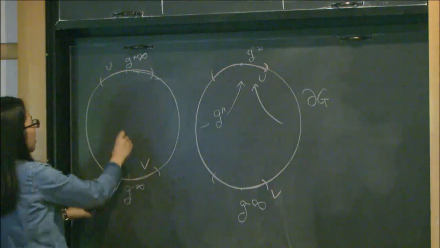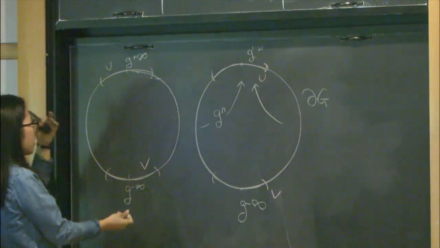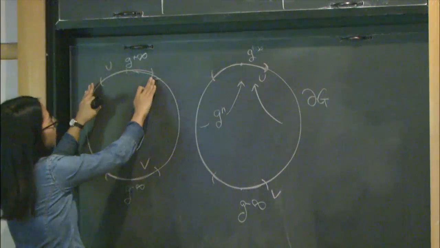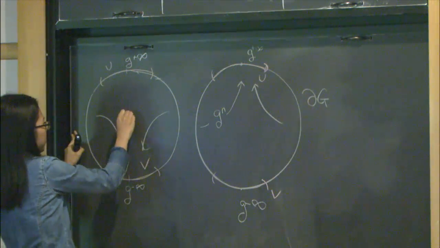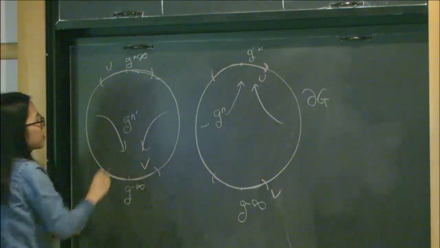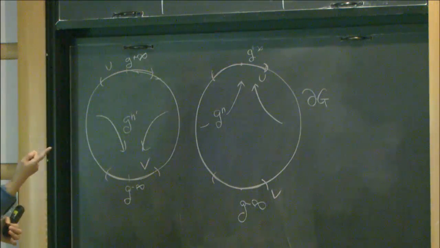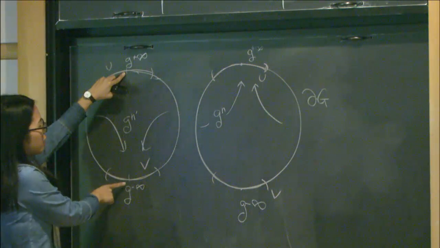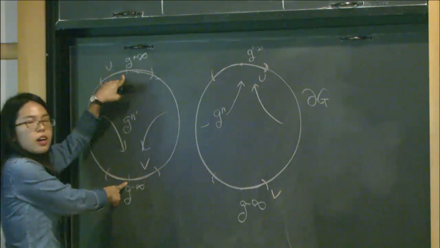Then for the inverse, I also say there exists n prime such that if g to the minus n prime acts on the complement of U, then it goes into V. So that's why we call this theorem north-south dynamics, because this pole and this pole act like north and south.